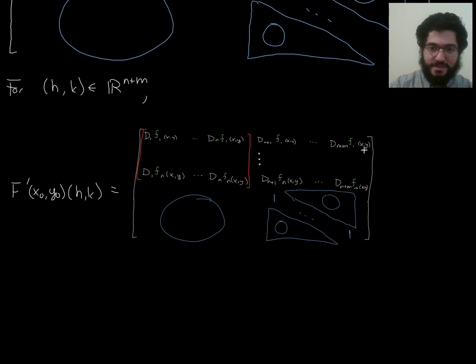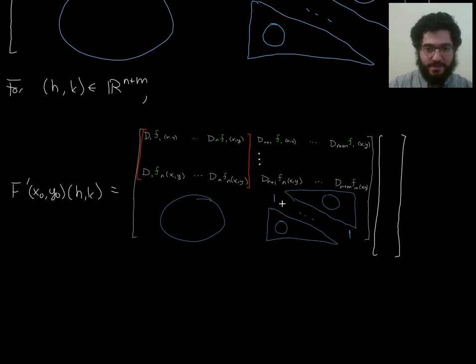Okay, so what I've done here is copied the matrix above and then shrunken it down so I don't have to rewrite it, which is really nice that I can do that. I wish I could do that on a chalkboard. So for any given vector hk in Rn plus m, if I evaluate f prime of x naught y naught at hk, so if I take this linear map and evaluate it at that arbitrary vector, then I get this matrix applied to that vector.